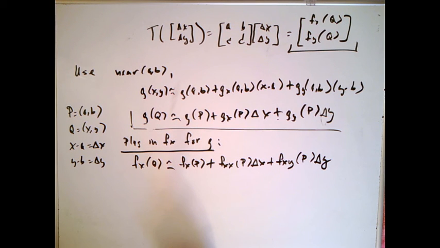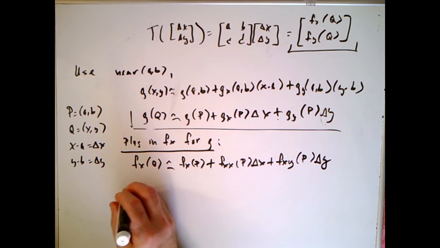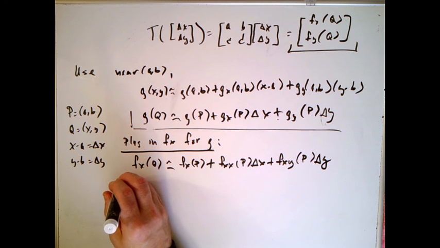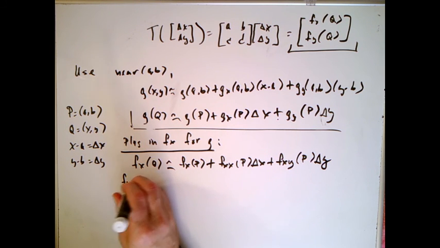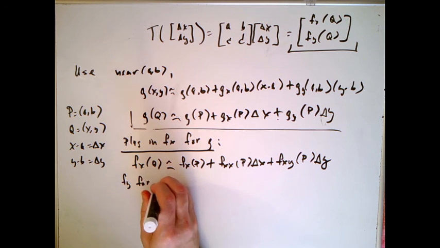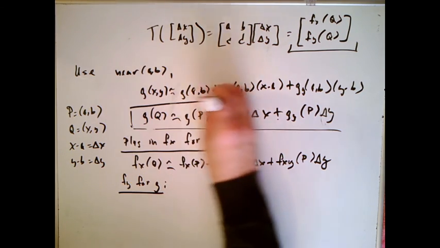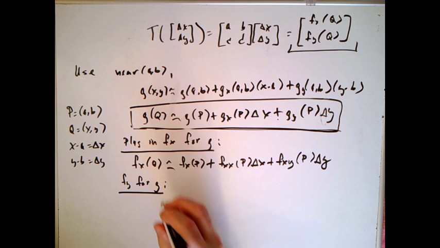And I want to do the same thing for f_y. So I'm now going to plug in f_y for g. In this formula up here, wherever I see a g, I'm going to put an f_y.